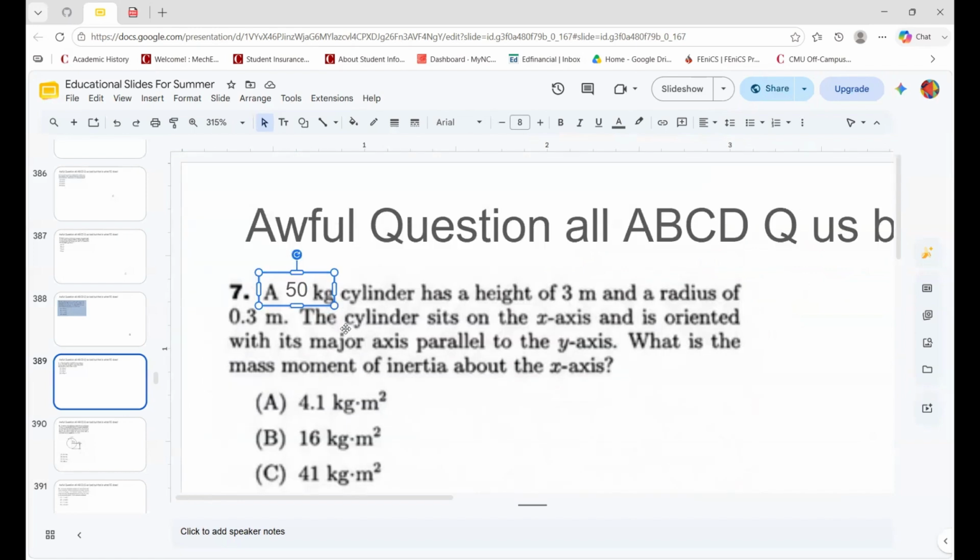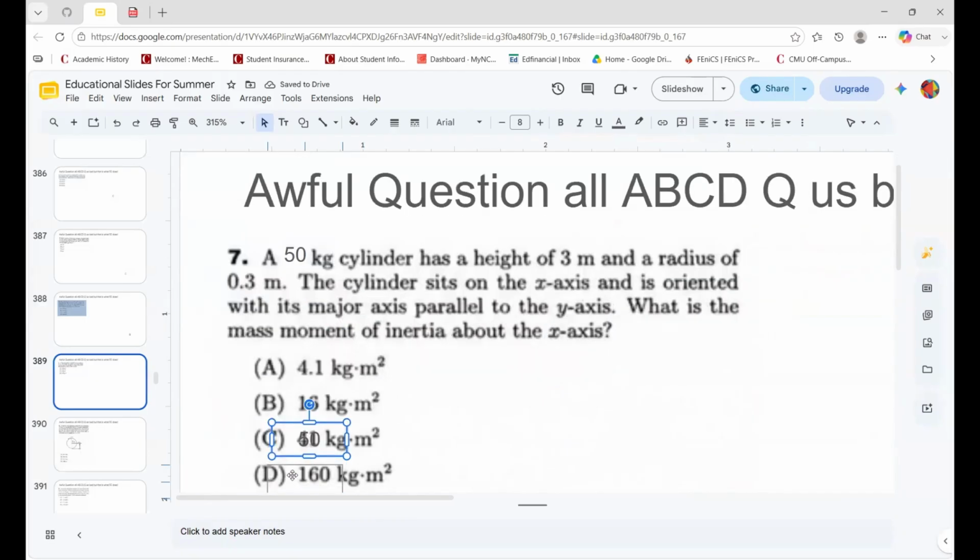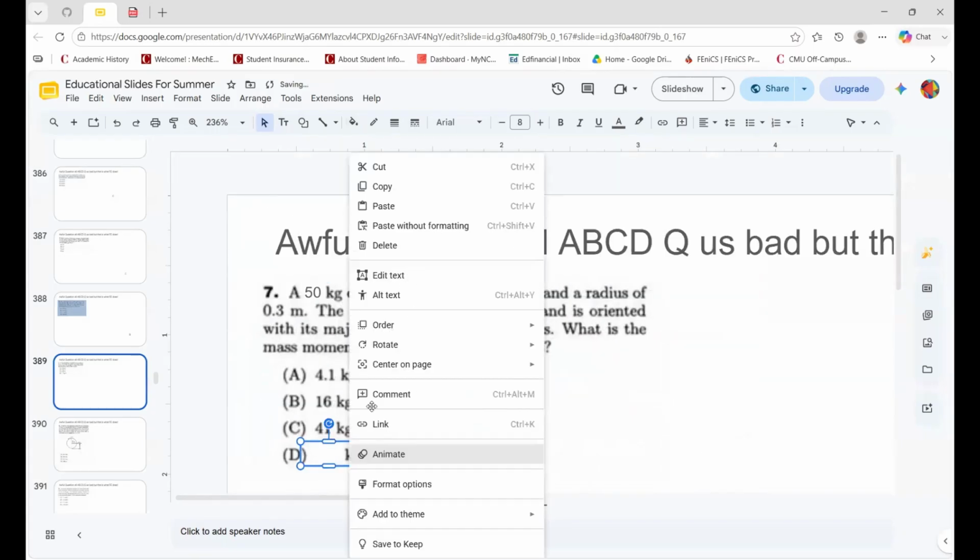So this is wrong too. Where is it? This one. Apparently it was supposed to be 150. So we can do another like this, erase that, and then do it this way.